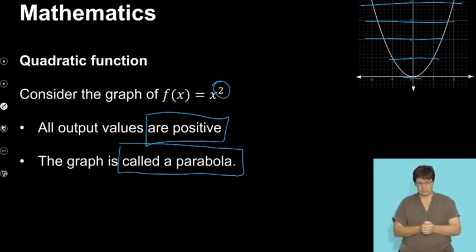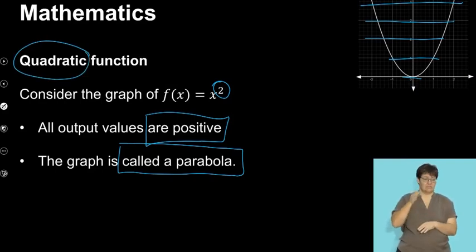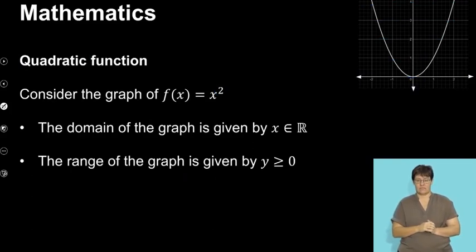We call it this because we're not going to be using the word quadratic function going forward. It will be "draw the following parabola" or "analyze the following parabola." So that's the word we are going to be using going forward. Now, the domain of the graph is normally given by x is an element of real numbers.